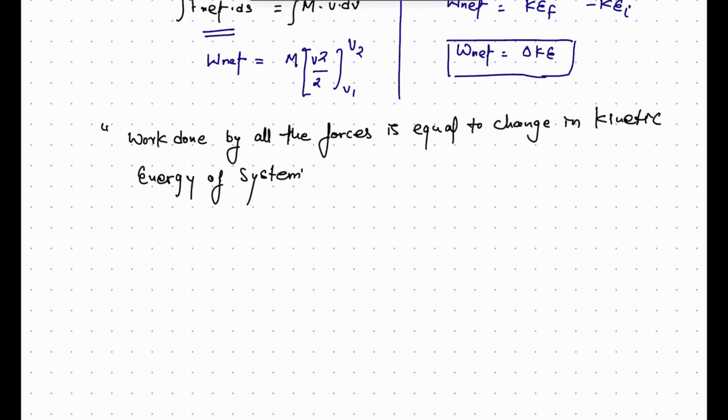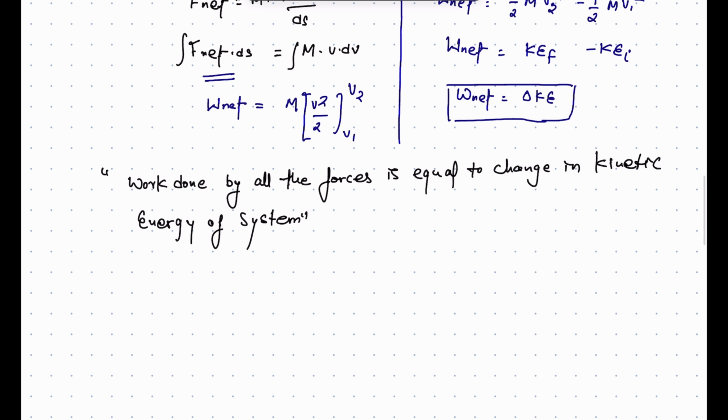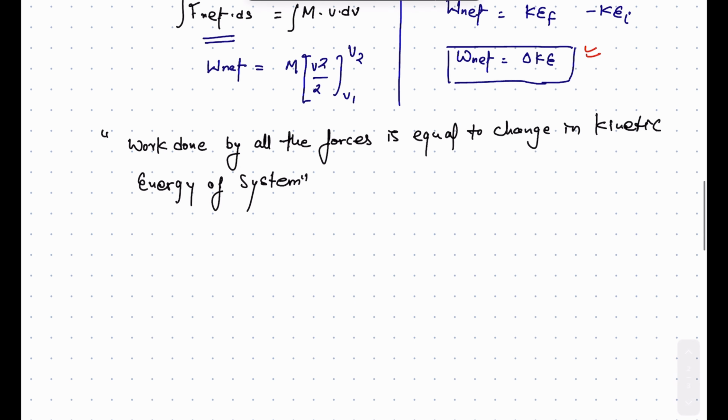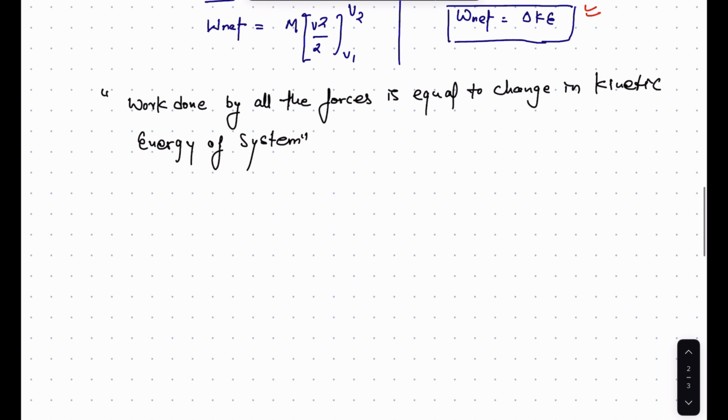This is our work energy theorem. In many places we apply the work energy theorem to find the velocity of the object. Sometimes the questions which can be done using the work energy theorem can also be done using Newton's law and kinematics. Okay, this is our work energy theorem. Now let's go to the next.